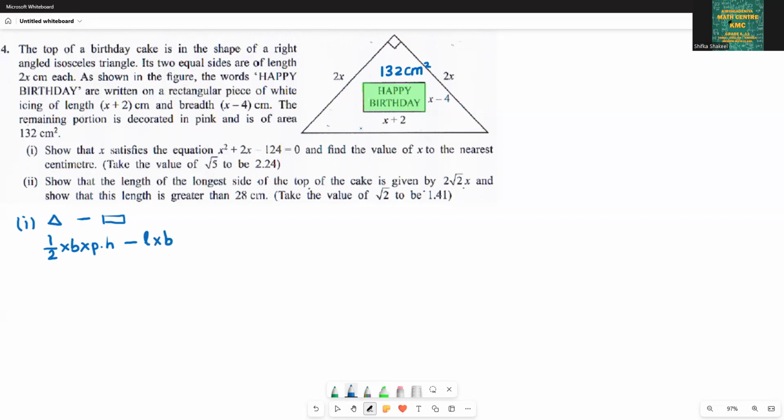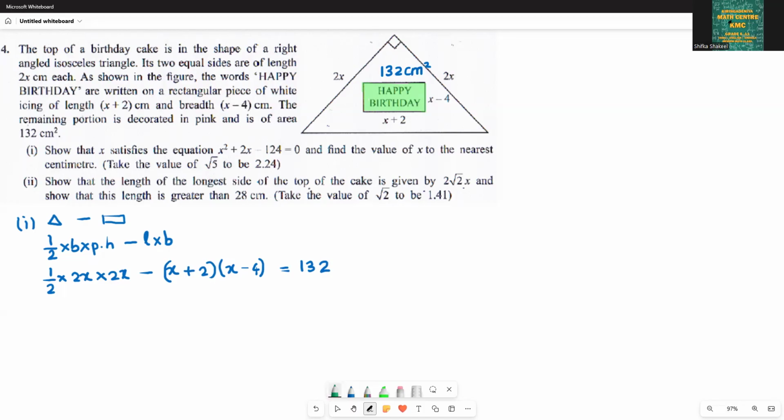So no need to write the formula; you can write directly: half into base of the triangle, which is 2x, and perpendicular height also 2x, minus length x plus 2 into breadth x minus 4. If you deduct the rectangle's area from the triangle's area, you get 132 centimeters squared.